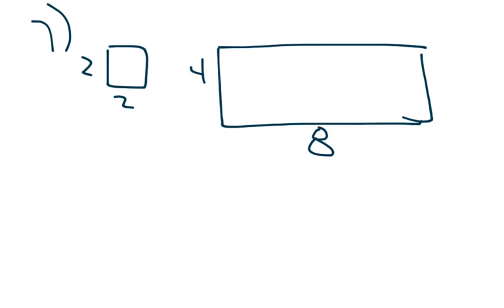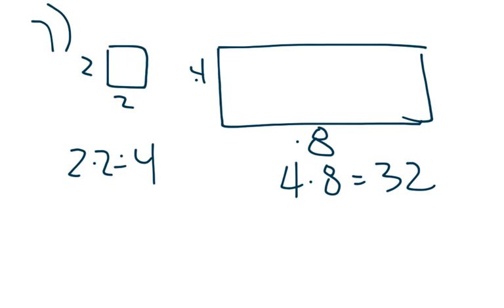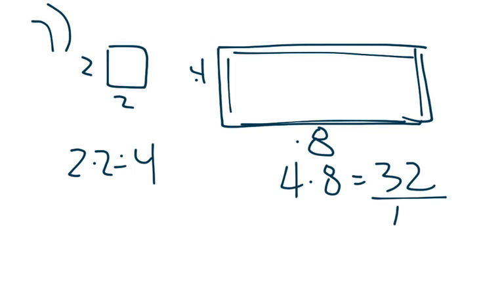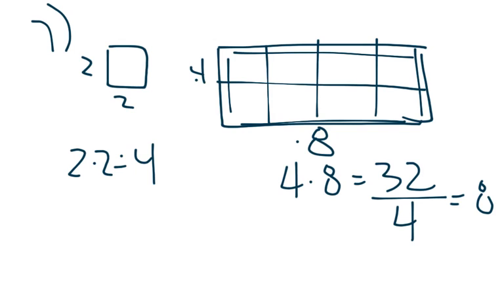So we find the area of the square, which is 2 times 2, and that's 4, and the area of the rectangle, which is 4 times 8, and that's 32. Now we divide this area by the little area to find out how many of those we need. 32 divided by 4 is 8. So we would need 8 of those tiles in the rectangle. So 8 is your answer.